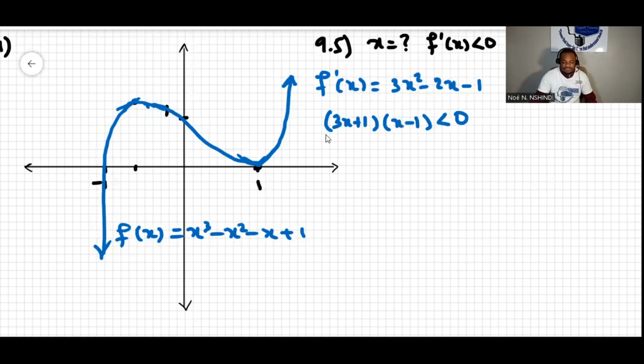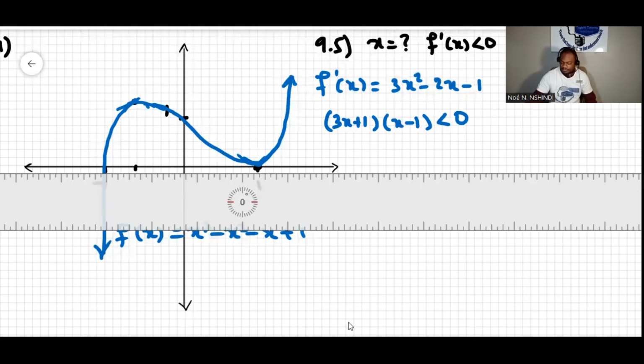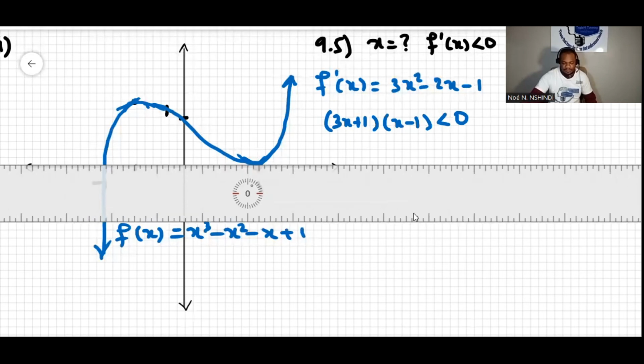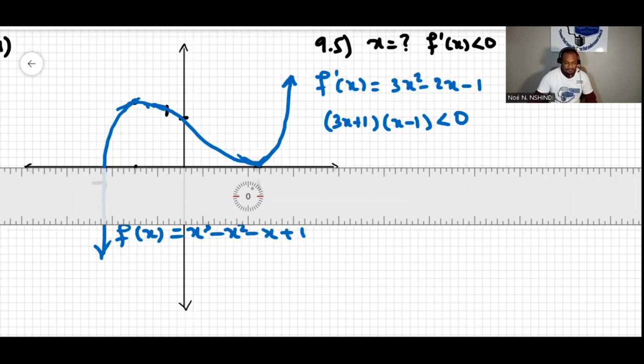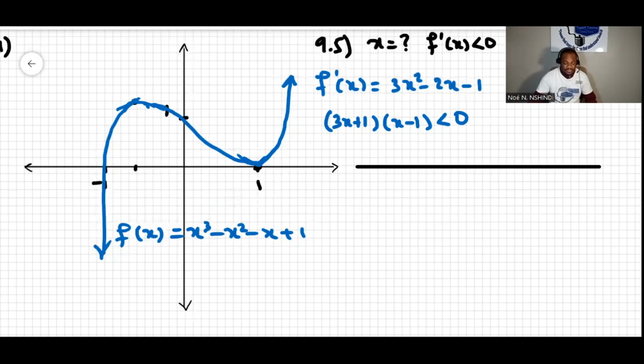To find the values of x, it's better to draw the number line. The critical values that we found were negative a third and 1. On a number line, we need to place the numbers in ascending order, so negative a third is here, and then 1 is also there.